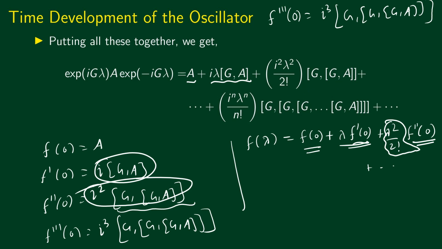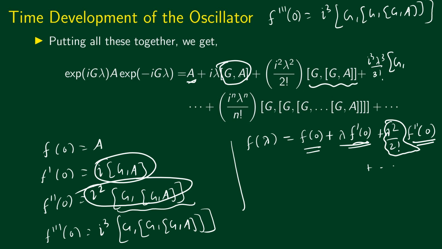Obviously the fourth term will follow, you can check this because the pattern is clear. The first term is A, the second term is i lambda multiplying the commutator of G with this term. The third term is i square lambda square divided by 2 factorial multiplying the commutator of G with this operator. So obviously the next term would be i cube lambda cube divided by 3 factorial multiplying the commutator of G with this operator.